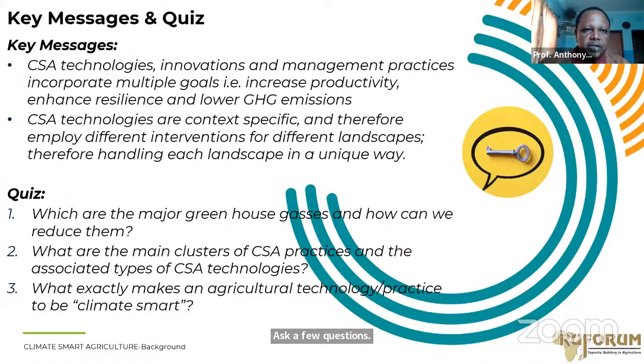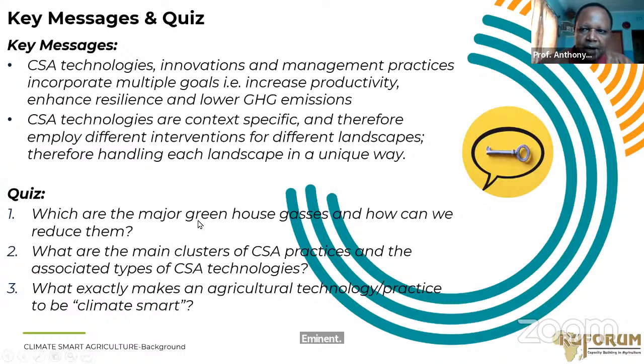If we can do some recap, we can remember that we had a number of greenhouse gases that are known to be notorious. Can I get some feedback? Which are these greenhouse gases that are eminent in causing global warming?